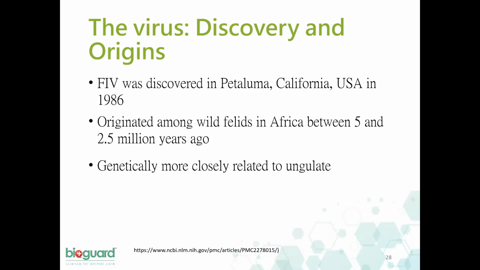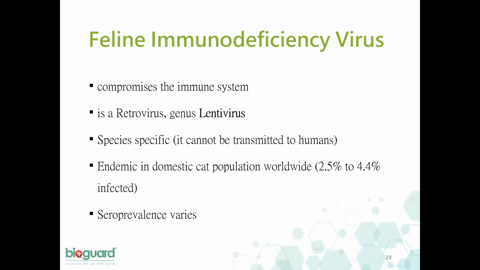FIV is genetically more closely related to ungulate retroviruses like equine infectious anemia, bovine immunodeficiency virus, and caprine arthritis encephalitis virus, but resembles primate lentiviruses in its ability to cause a clinical immunodeficiency. So FIV is an RNA lentivirus in the same retrovirus family as Feline Leukemia Virus and HIV.